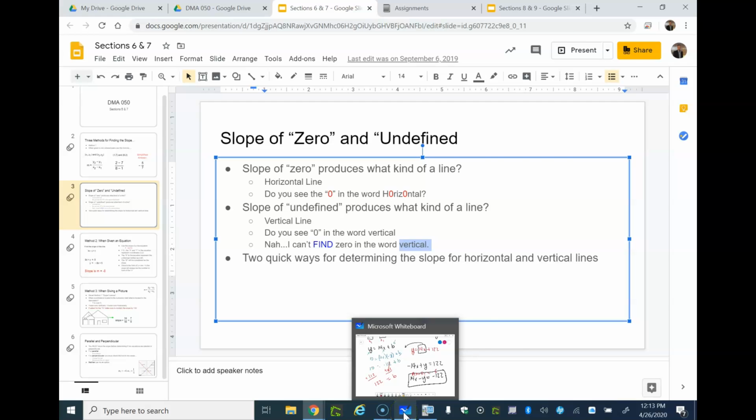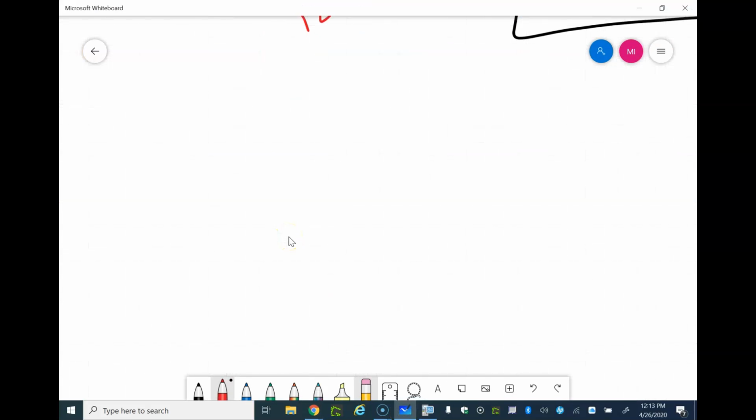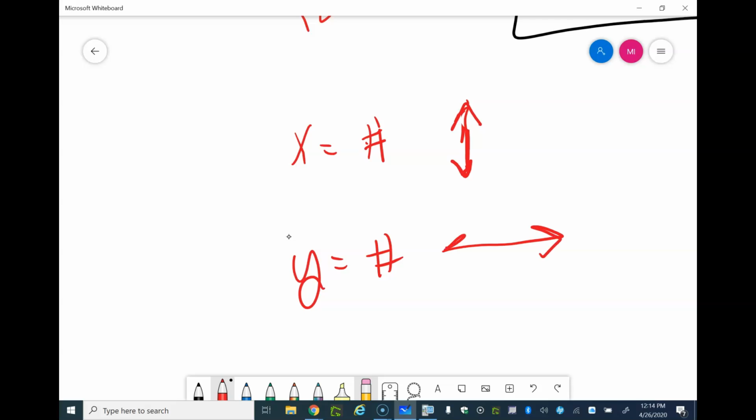In order for it to run vertical, remember what we discussed too, that it has to be x equals some number in order to run vertical. And for horizontal, it has to be y equals some number to run horizontal.